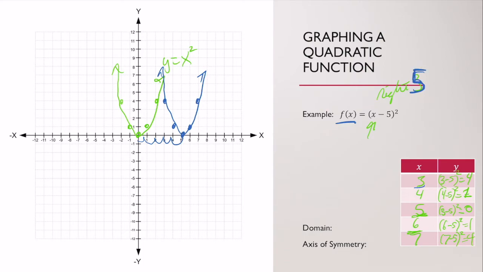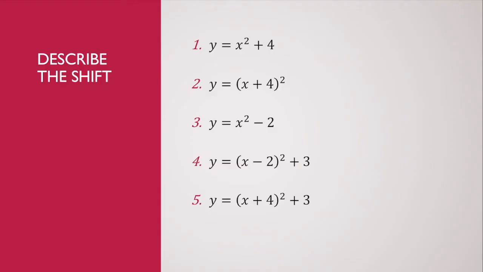I meant 5. So our range has not changed because the range is altered by a vertical shift. Our domain, all possible x values, is from negative infinity to positive infinity. And now my axis of symmetry has shifted to the right 5 as well. So it's x equals 5. So if I'm subtracting, I go in the positive direction. If I'm adding, I go in the negative.